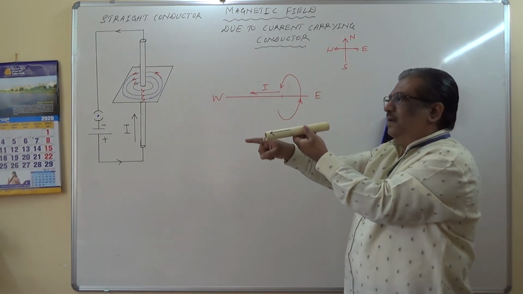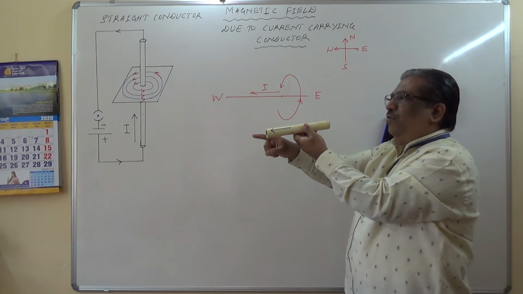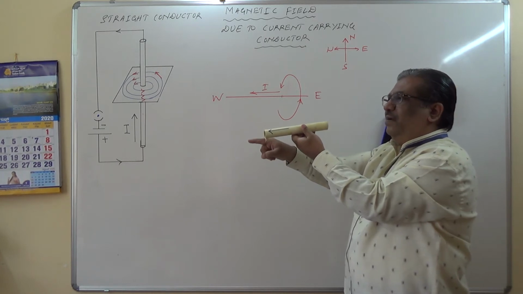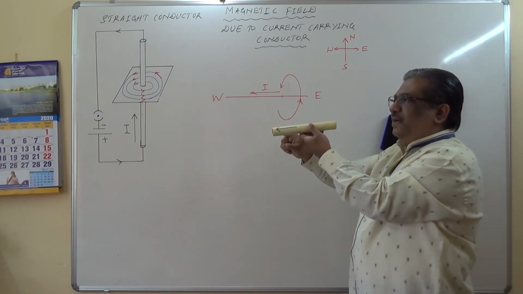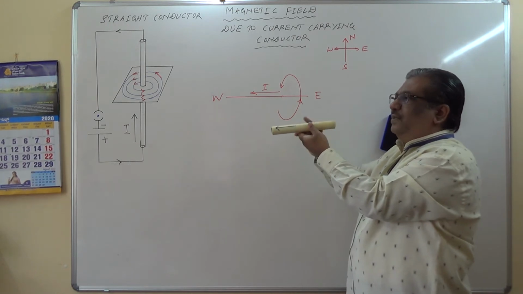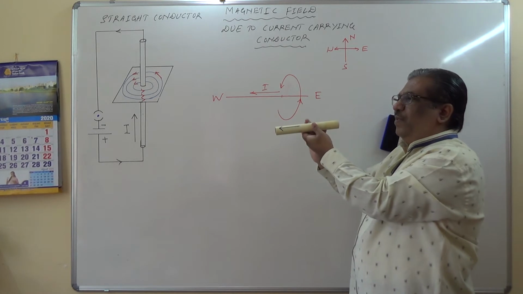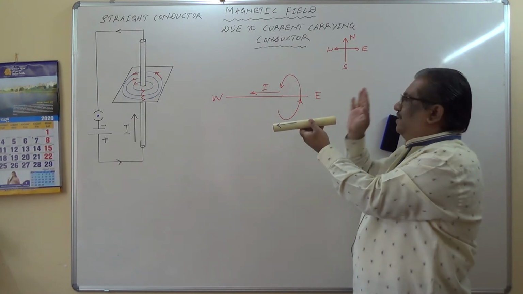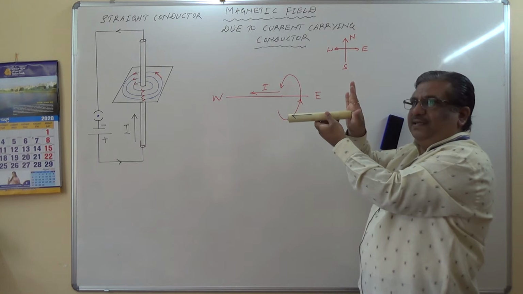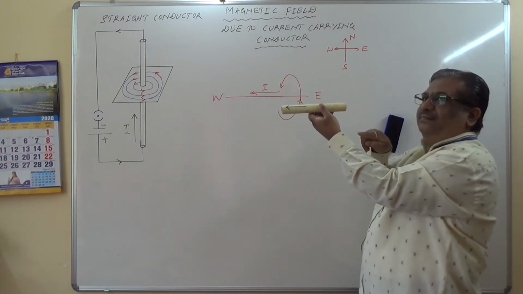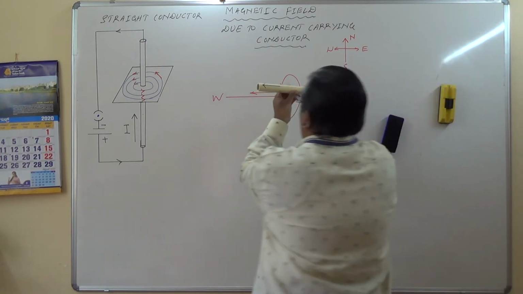What is written? Turns clockwise in a plane perpendicular to the wire. The current is in the east-west direction, applying the right hand thumb rule, we get that the magnetic field turns clockwise in a plane perpendicular to the wire when viewed from the east end. Yes, when I view from the east end, it is clockwise. Now, let me come to the west end.